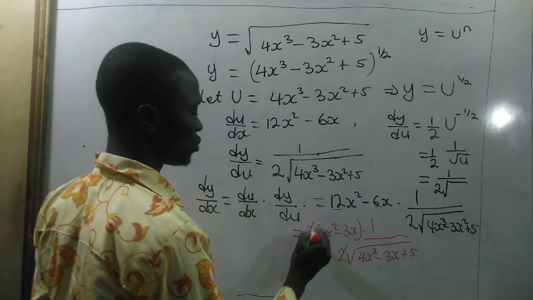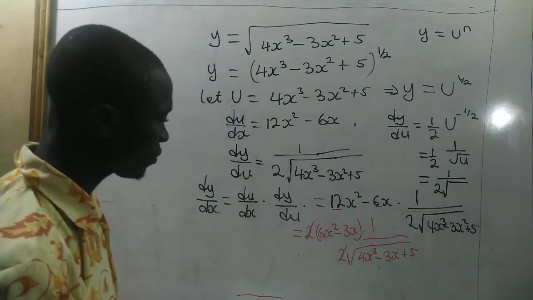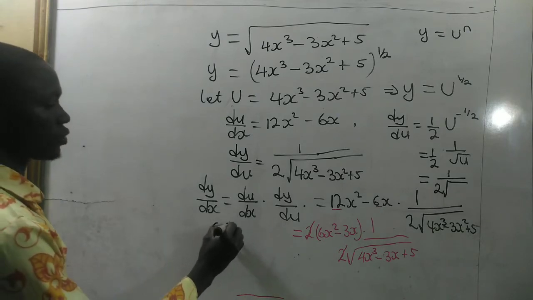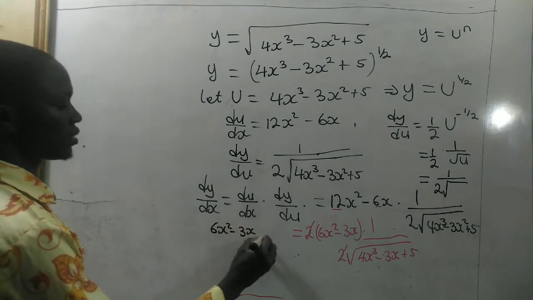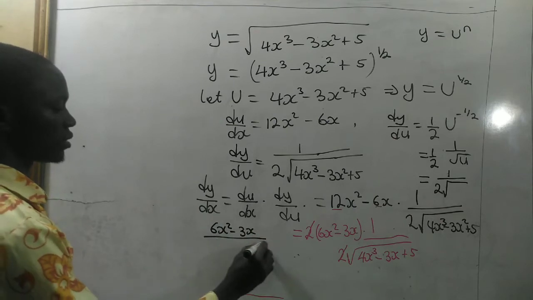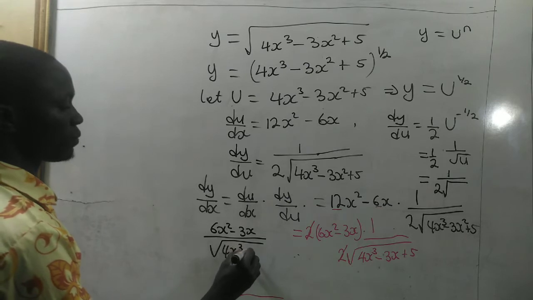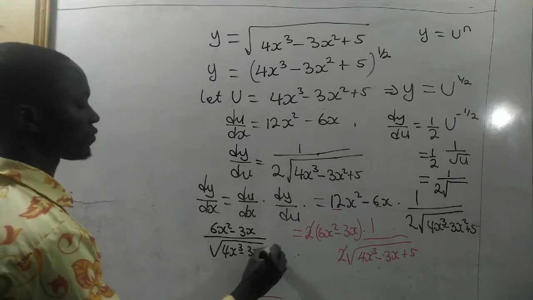So these two will cancel these two, and you have our answer as 6x squared minus 3x divided by the square root of 4x cubed minus 3x squared plus 5.